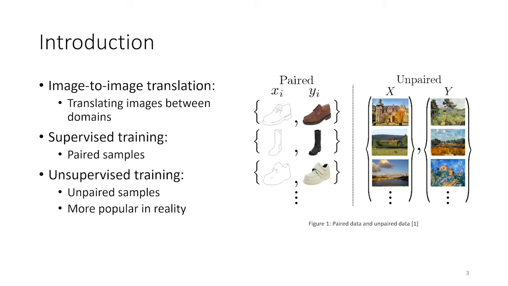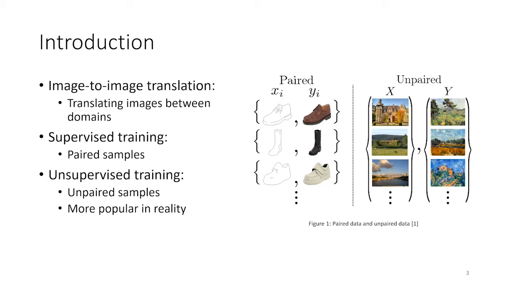Before talking about our method, I just want to make sure that we all have the same idea on some terms. Firstly, let's talk about image-to-image translation. It means translating images from a source domain to a target domain, and sometimes you can do backward as well.